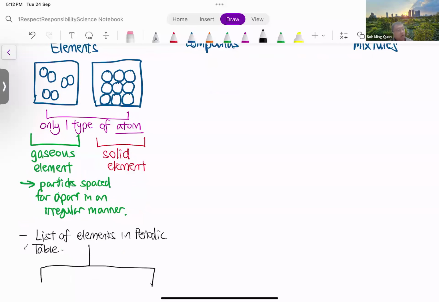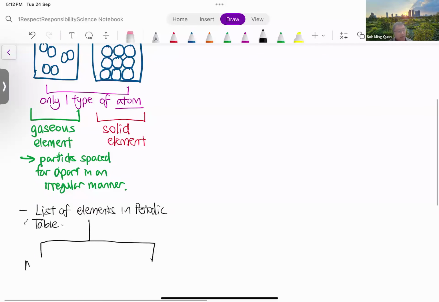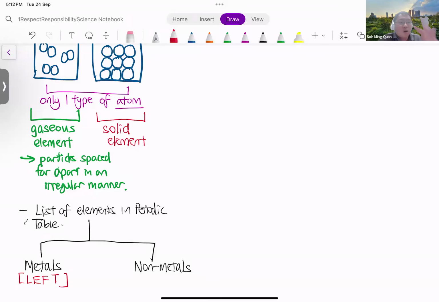Elements can be divided into two types as well. In the periodic table, there are metals and non-metals. You will need to know where the metals and non-metals are in the periodic table. You can find metals on the left side of the periodic table, whereas on the right-hand side will be non-metals.